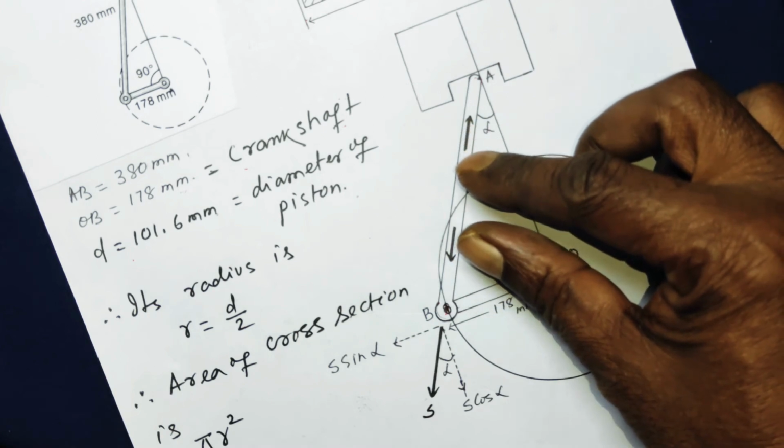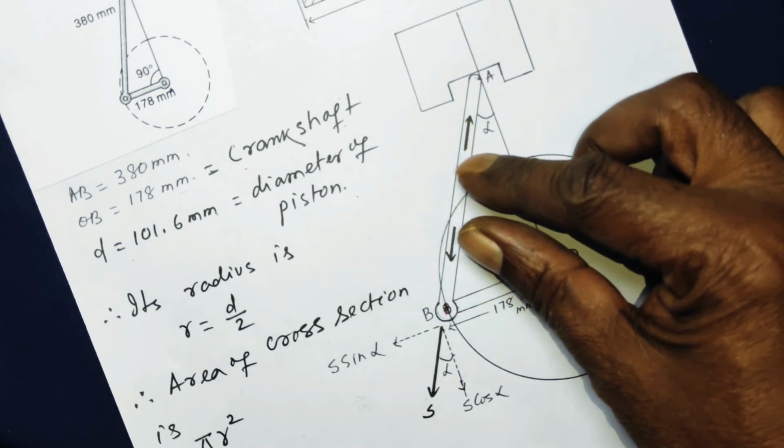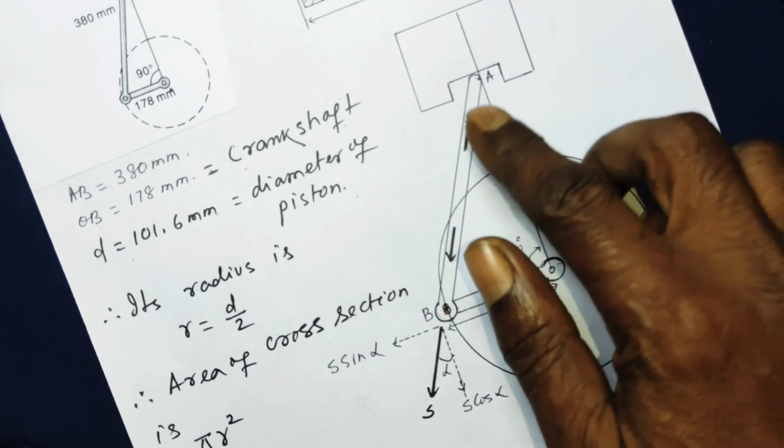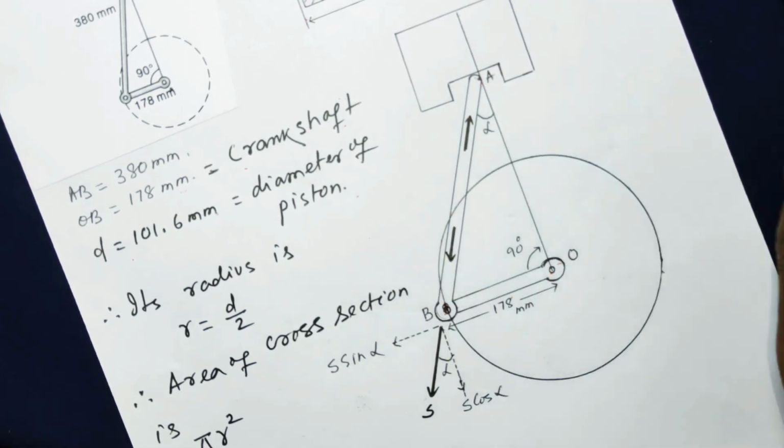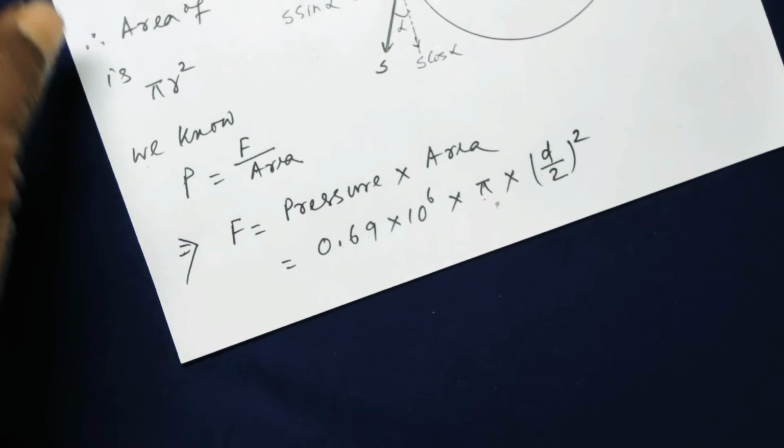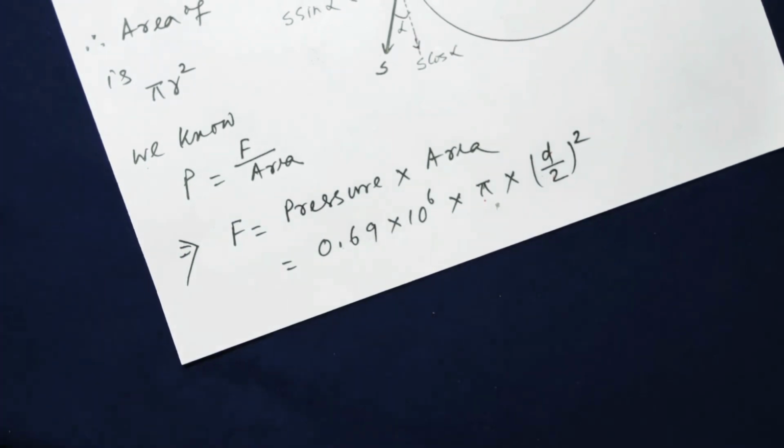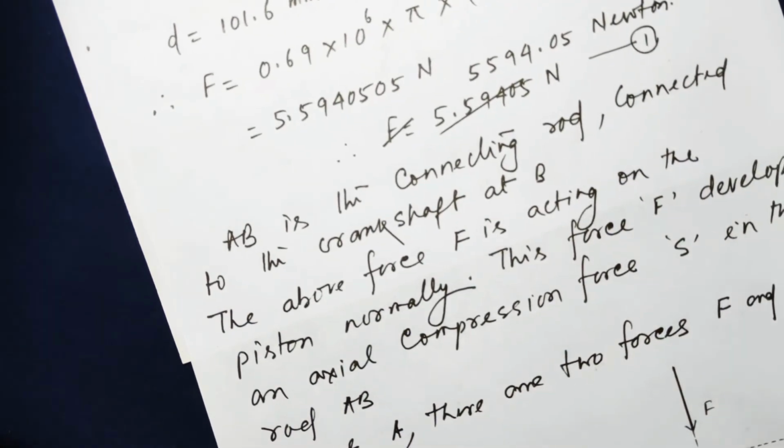So there is an axial compression force that will be developed like this towards point A and also towards point B. So let us first find out how much is this force, and what compression force is transmitted along the connecting rod AB. Then we will solve the problem.